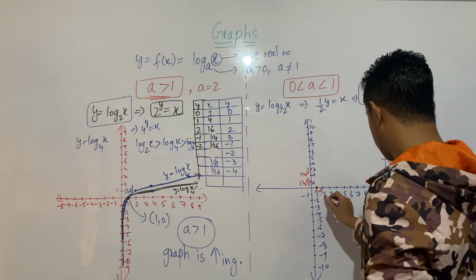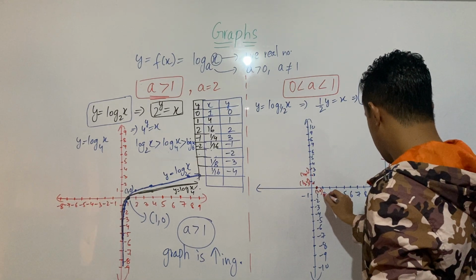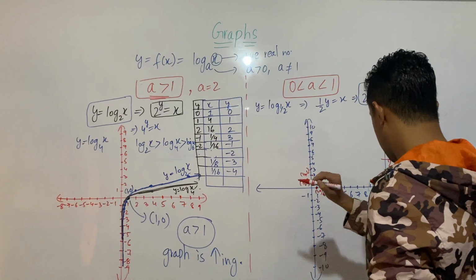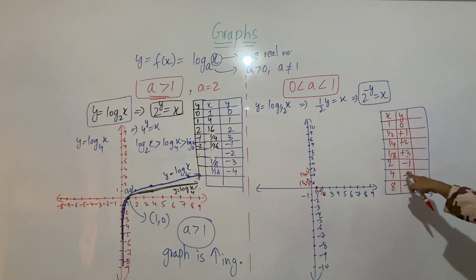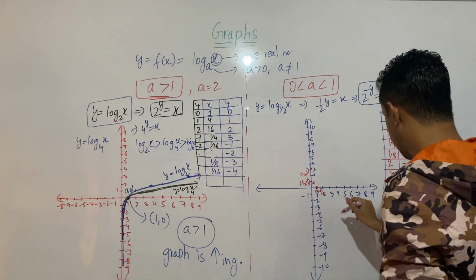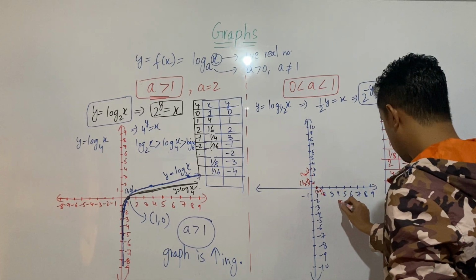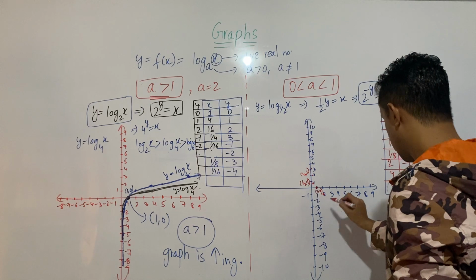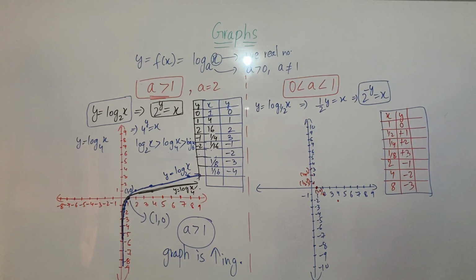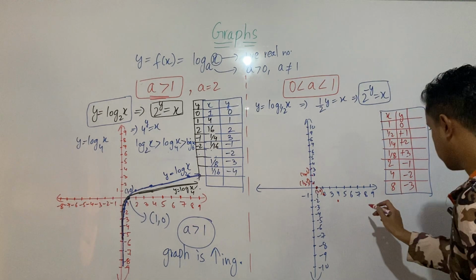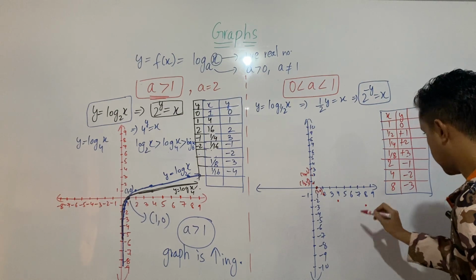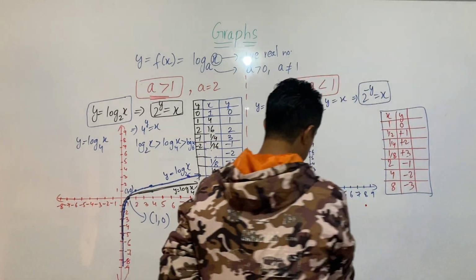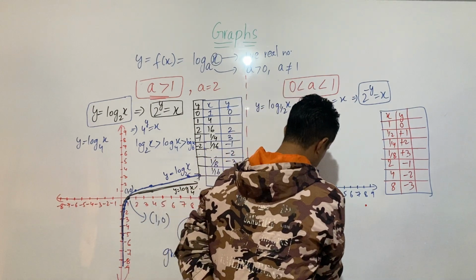Then x is 4, y is minus 2, this one. Then x is 8, y is minus 3. So the graph is going to be like this.